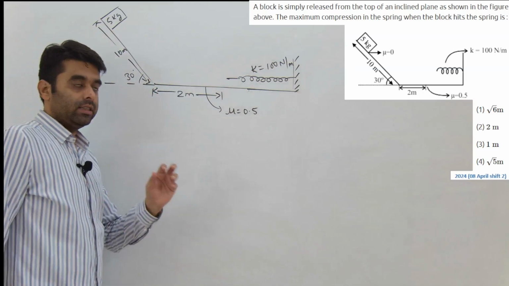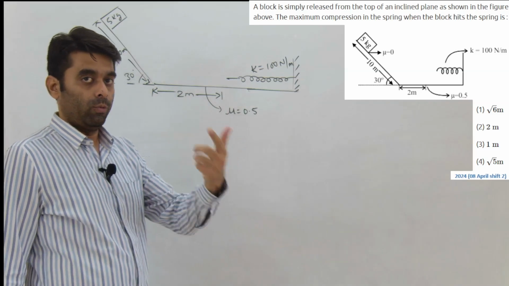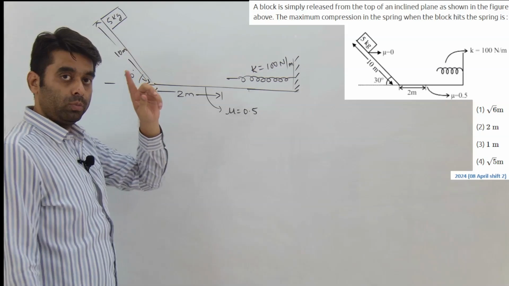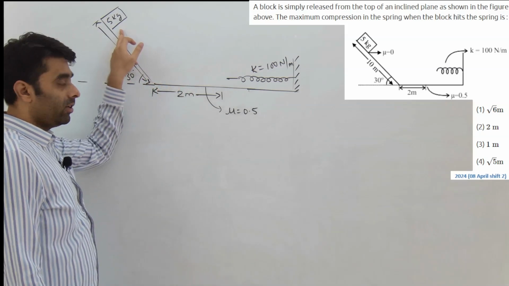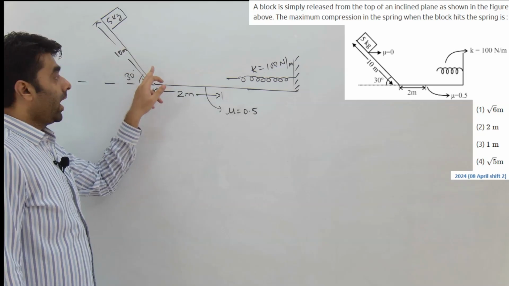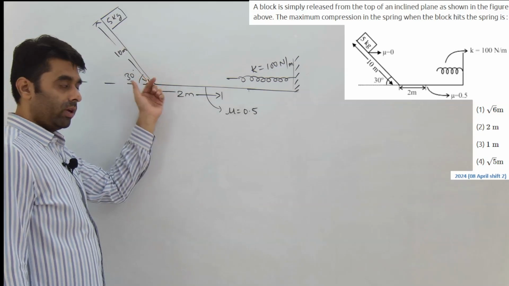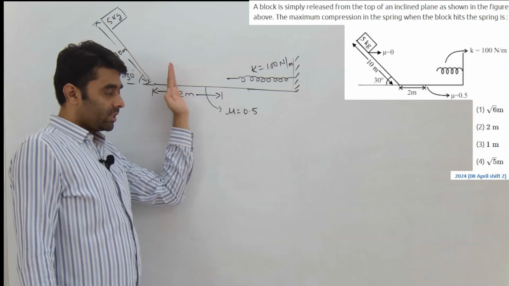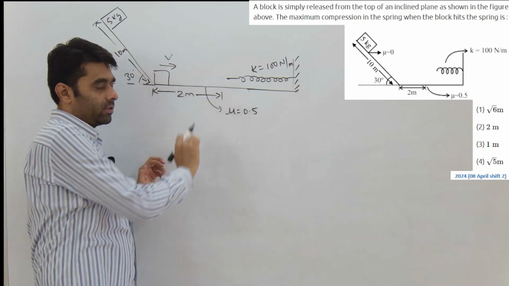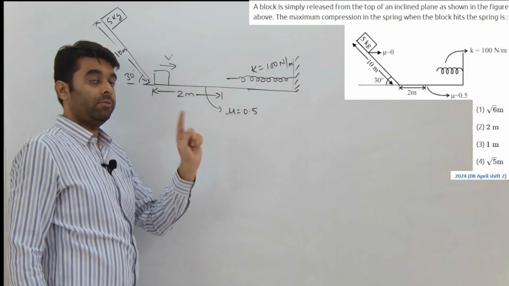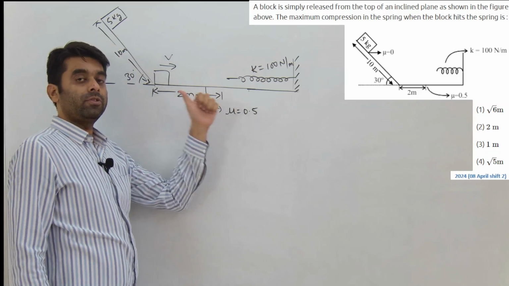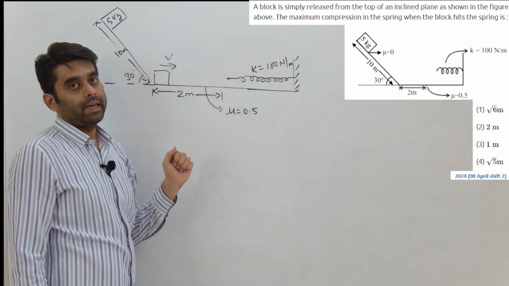When you release this block on this smooth incline, gravity will do work on it and it will come down and gain velocity. It moves on this horizontal surface, and it's a rough surface, that means friction will be doing negative work.